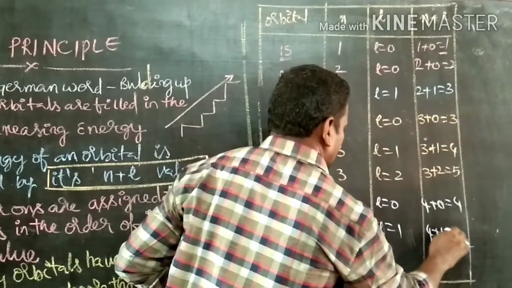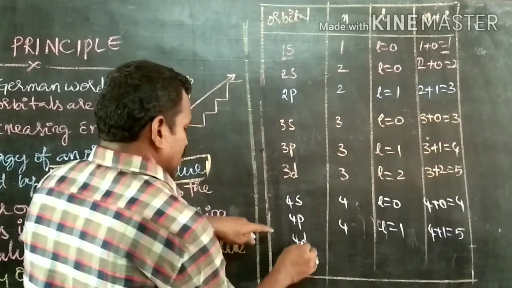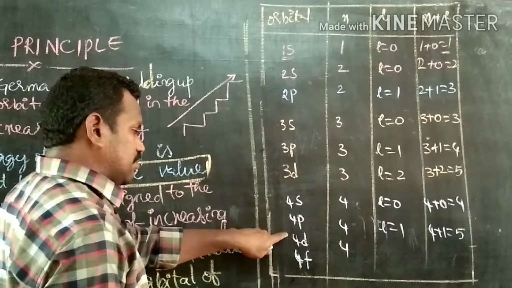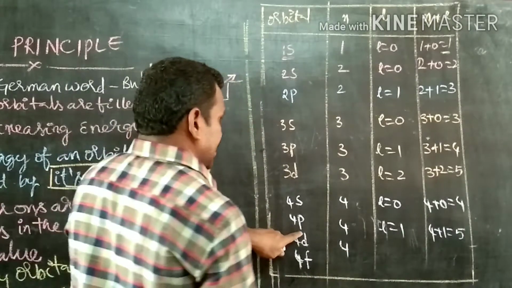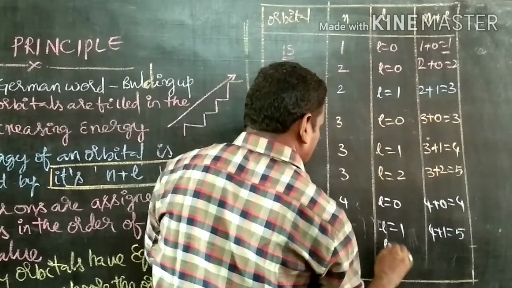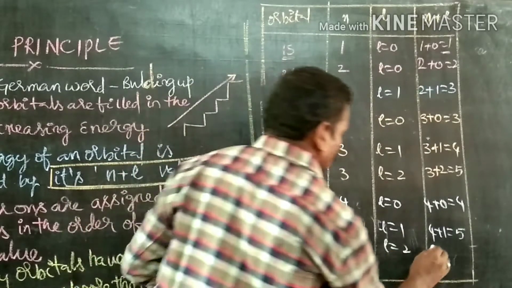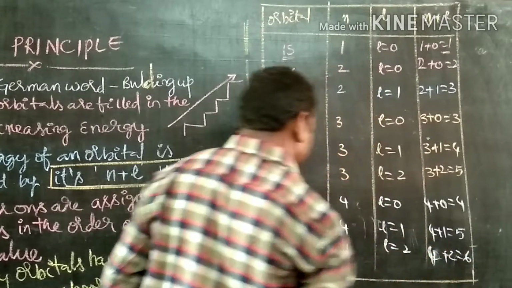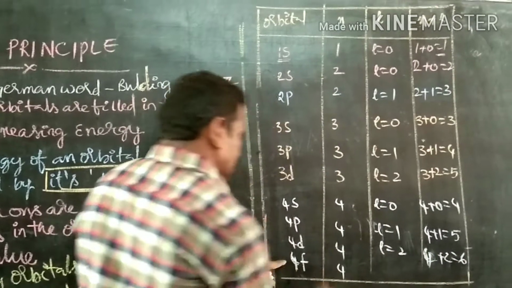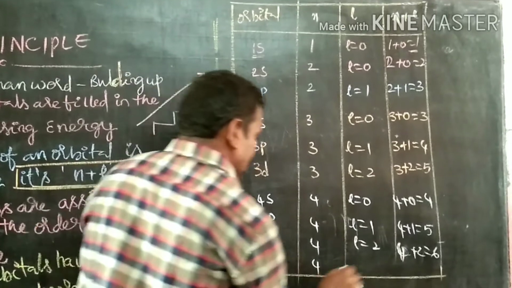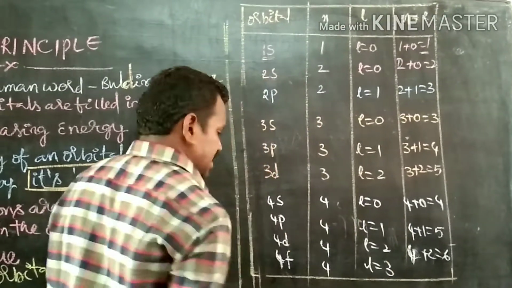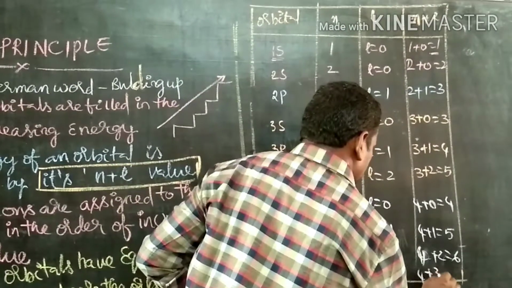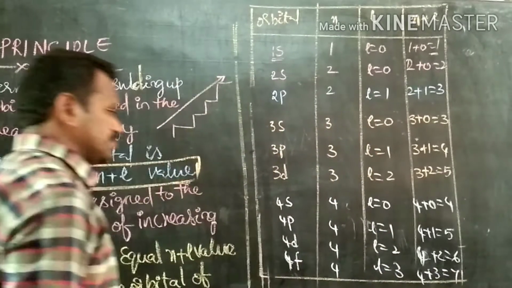Now 4 plus 1 is equal to 5. For d, principal quantum number n is 4, angular momentum quantum number l is equal to 2. Now 4 plus 2 is equal to 6. For f, principal quantum number is 4, l is equal to 3. Now 4 plus 3 is equal to 7.